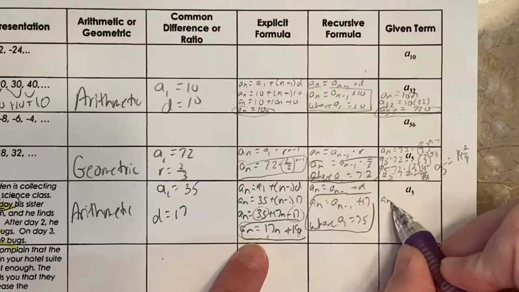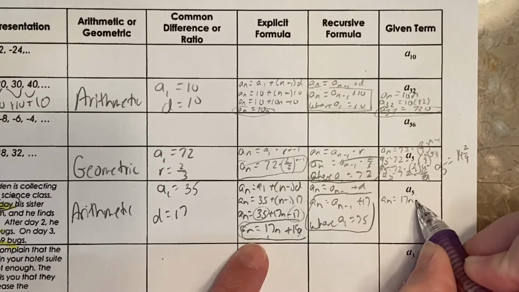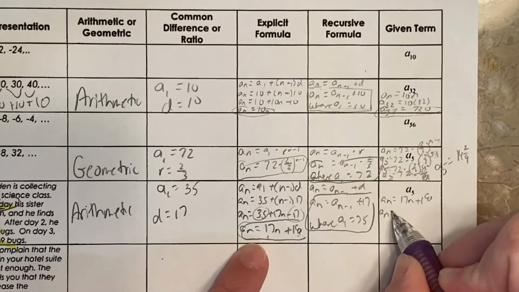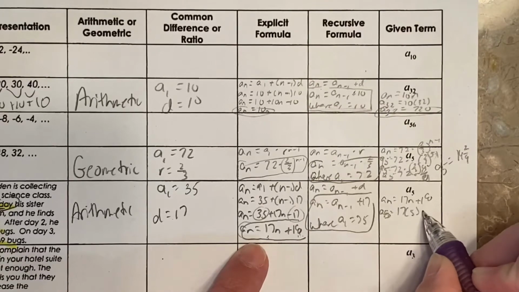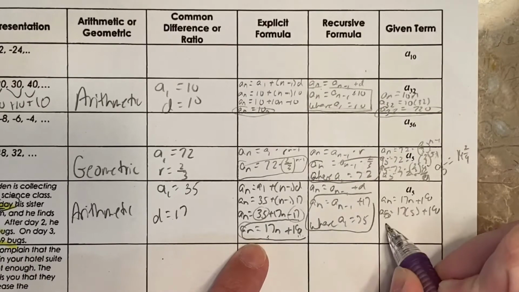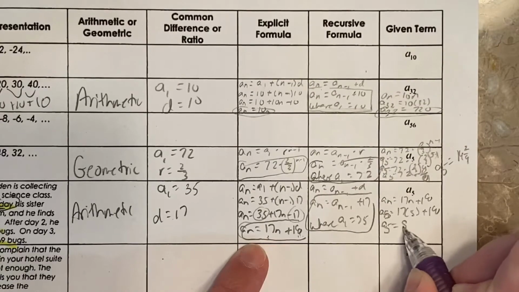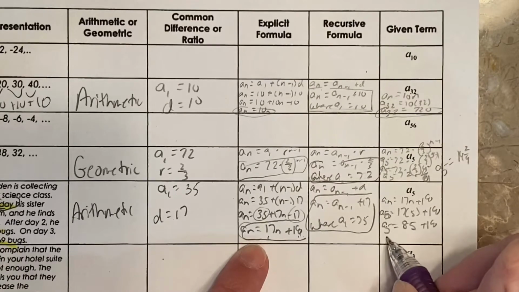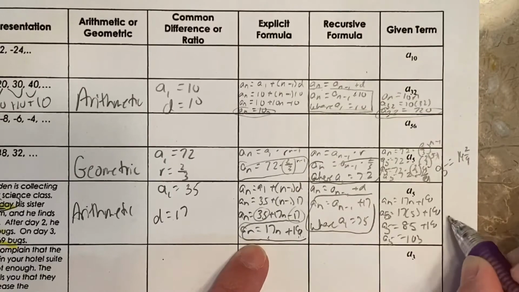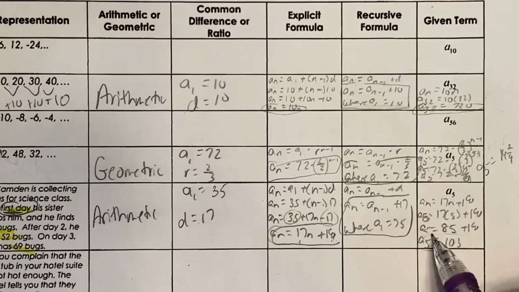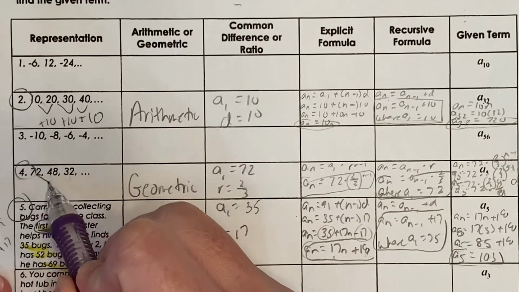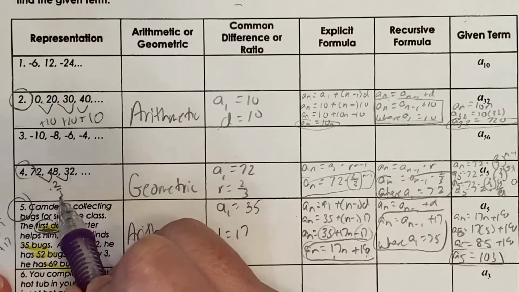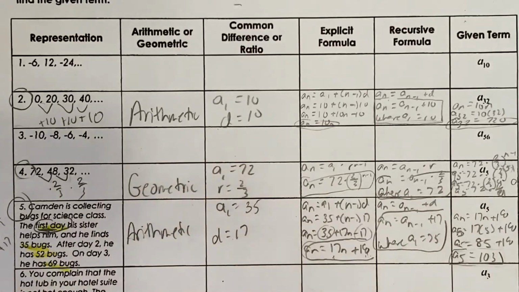Let's use the explicit, a sub n equals 17n plus 18. a sub 5 equals 17 times 5 plus 18. a sub 5 equals 85 plus 18. And a sub 5 equals 103. Okay, so this one is done. And, oh, I forgot over here, sorry, to write the ratio times 2/3, times 2/3.